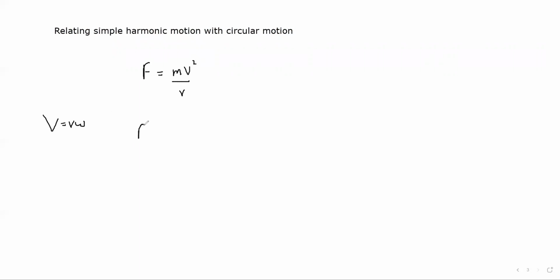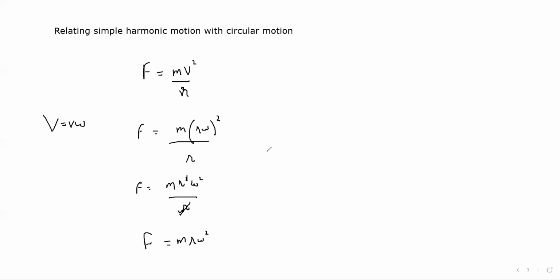So in place of v, I substitute r omega, which gives m r square omega square over r. One r will cancel, so the centripetal force, the force which is directed towards the center, is equal to m r omega square.